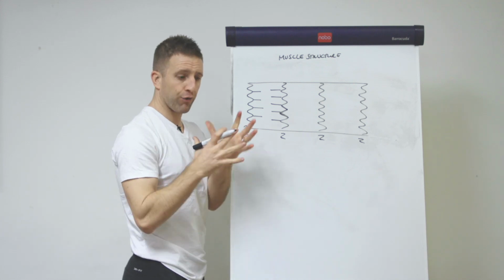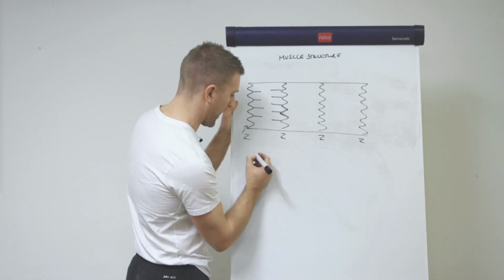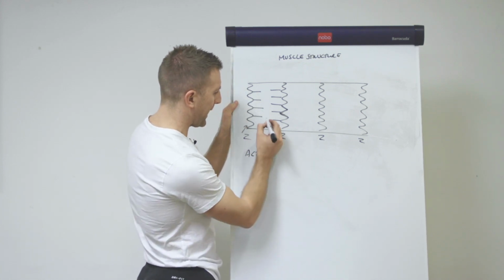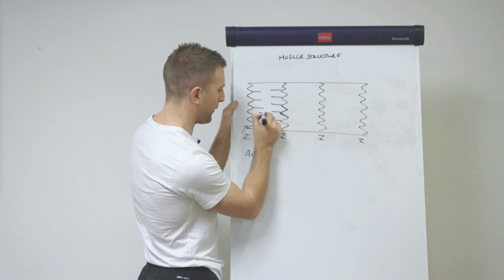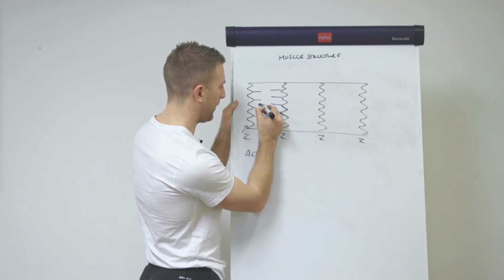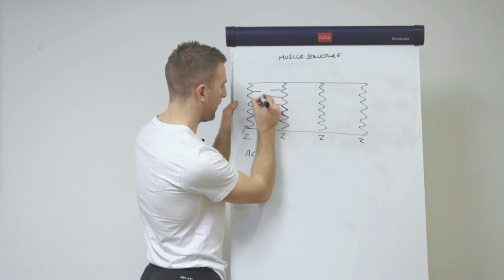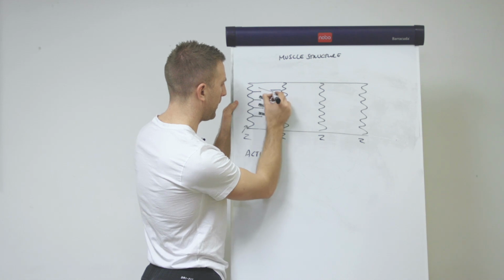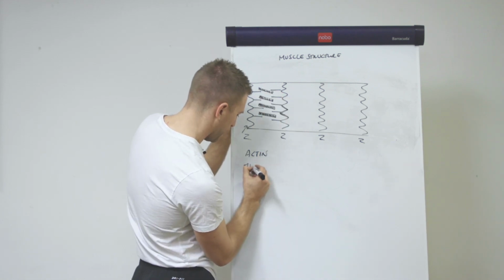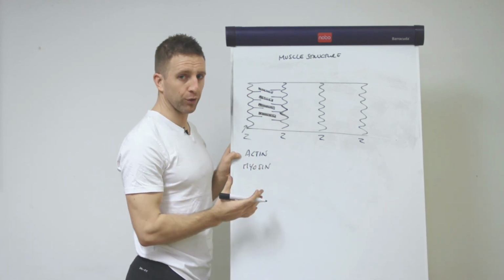And in effect, they're going to cross over each other at some point. So this thin filament coming off of there is called an actin filament. And each of these is crossed over slightly by a thicker filament called myosin. So very, very, very small structures.